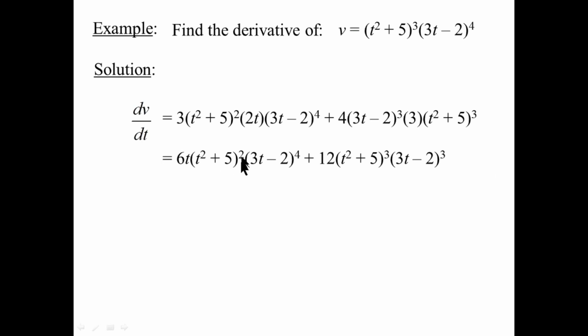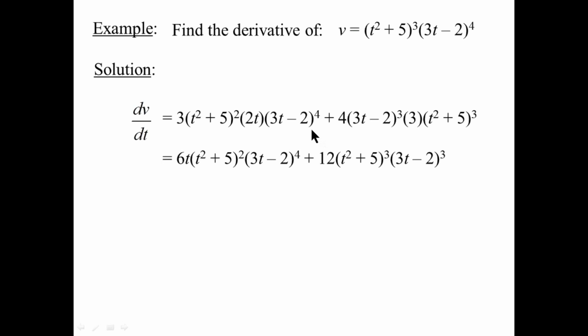So (t squared plus 5) squared comes out as a common factor, as does (3t minus 2) cubed, because there are 2 terms here, and they each have a 3t minus 2 in them, and we common factor out the one that has the lowest exponent. And so now the common factoring will look like this.